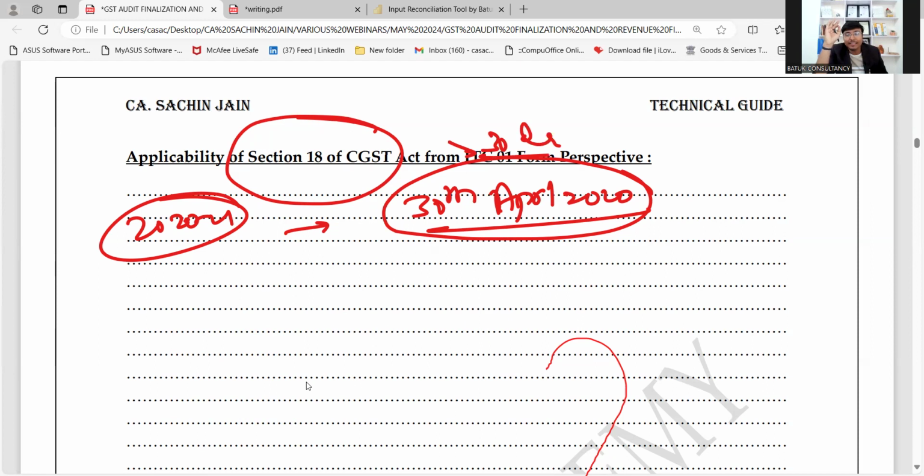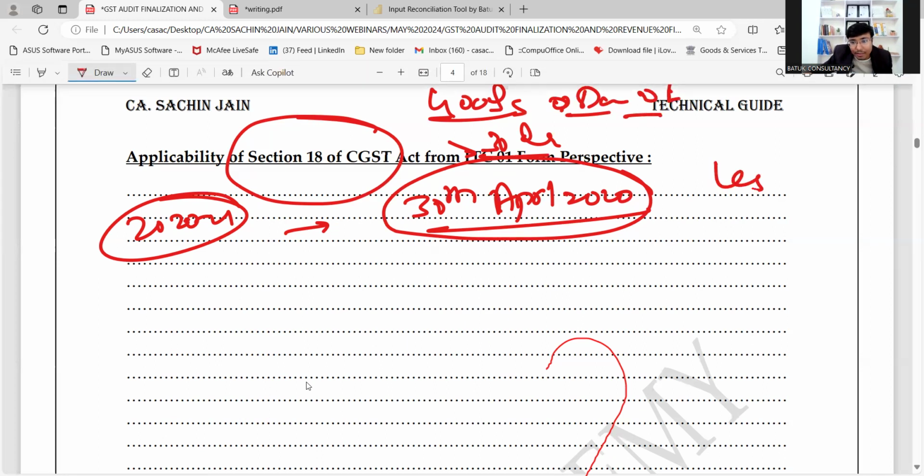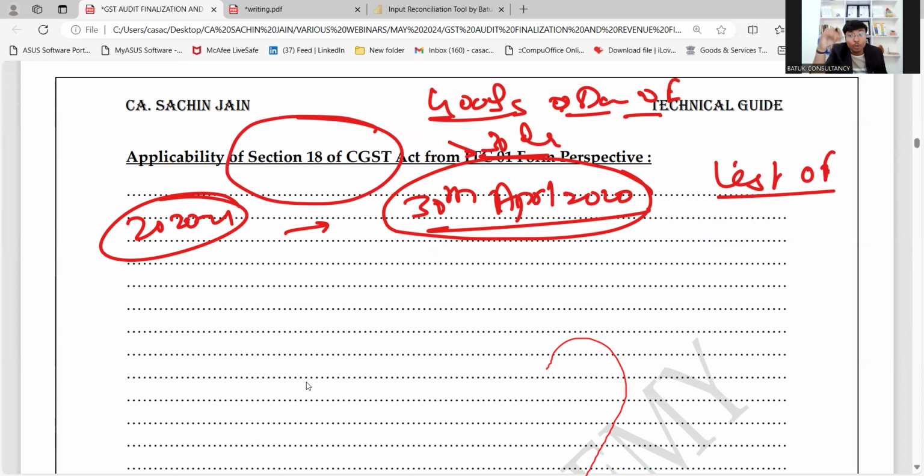Then we all know that the person is eligible to claim the input tax credit on the goods held on record as on the date of liability. So we just need to demand the list of goods on which the input tax credit is claimed in case of new registration, and cross tally the same with the stock register.